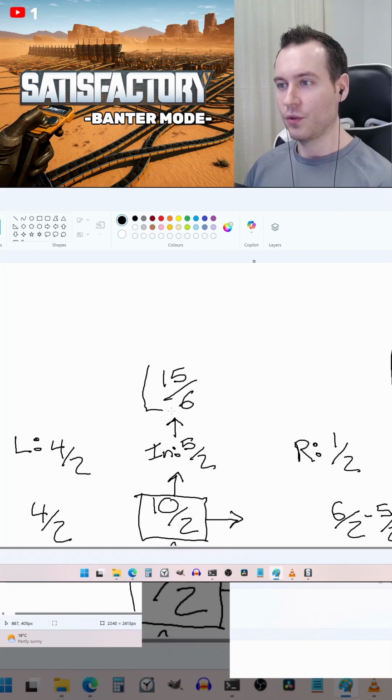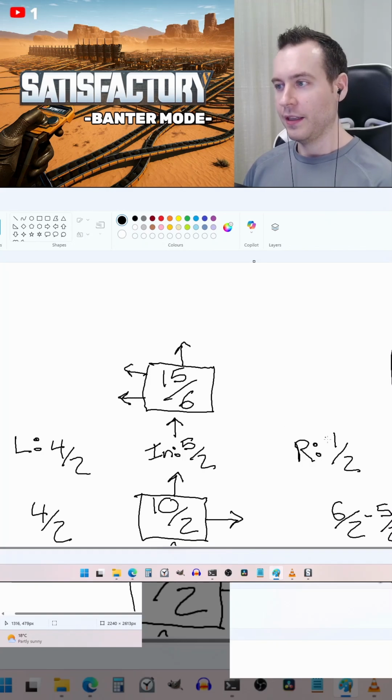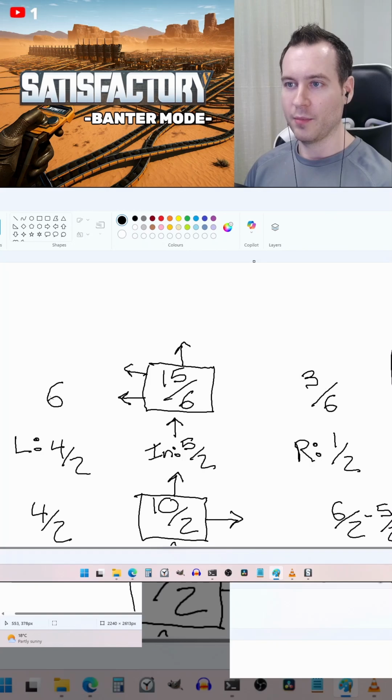Then I'll draw a square to indicate that this will be a splitter, and we planned on 2/3 to the left, so 2 arrows to the left. Then we'll continue multiplying all numerators and denominators by 3. 3 times 1 is 3, and the denominators will all be 6. We're trying to make the denominators match. So 4 times 3 is 12.